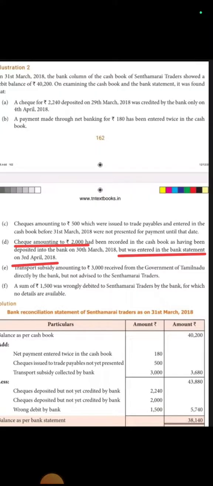Our bank account will be decreased because our deposited check was only entered after 31st March 2018. On which date?